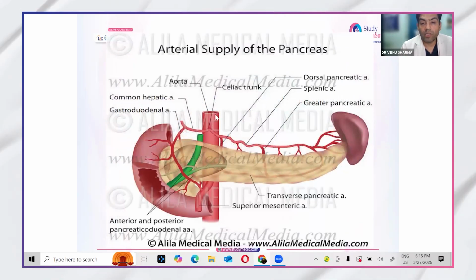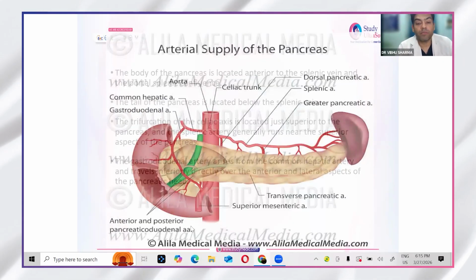So you can see the celiac trunk is here, from which the dorsal pancreatic artery comes. This is the splenic artery, which is running along the body of the pancreas. The gastroduodenal artery is along the head of the pancreas, and you can see the superior mesenteric artery along the inferior aspect of the pancreas.